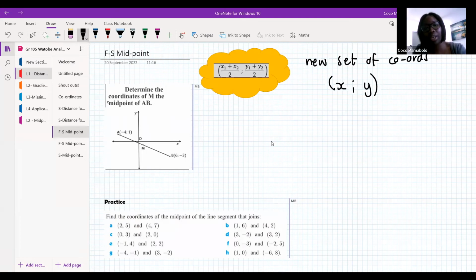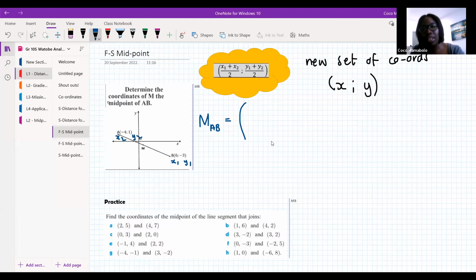We're going to do this quick example that they give us over here. If I want to find the midpoint of AB, and that's how we write it, I'm going to open brackets because I am looking for a coordinate, right? And then I can choose whichever one I would like x1 to be. That's x1 and y1, and x2 and y2.